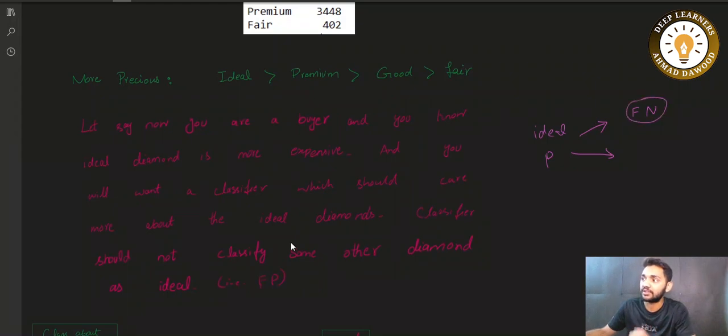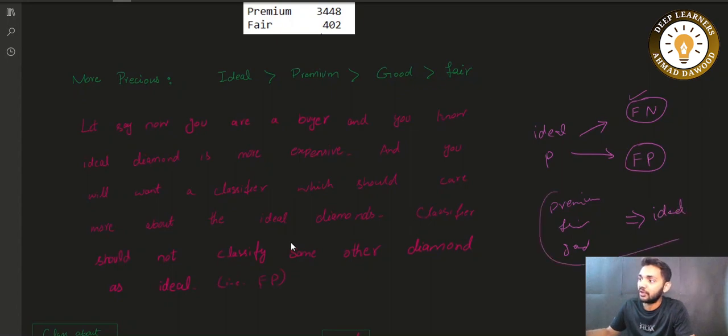That we have seen that the seller was more curious about that error. Now, the second error can be a false positive. Your model is predicting that this diamond is ideal, but actually it was not. It means your model is predicting some premium or fair or good diamonds as ideal diamonds.